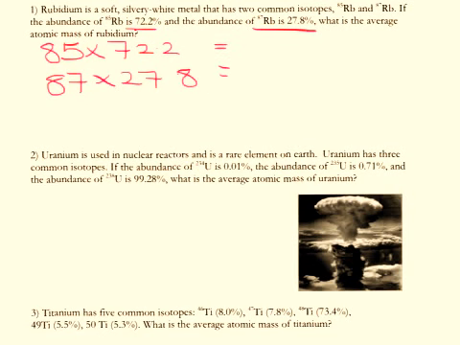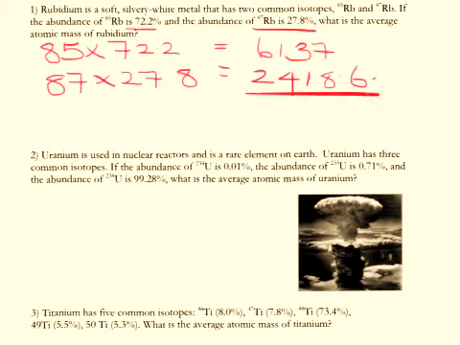So we times them together, and what we should have is 6137 and 2418.6. Okay, now when we add these together, what you should find is that that comes to 8555.6.